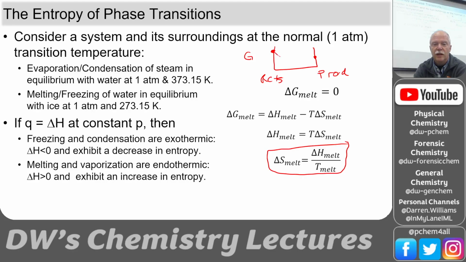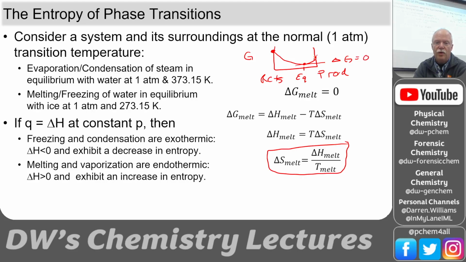But it really looks like this. It dips. And so right here, that's the minimum. This is the equilibrium point. Because that delta G dips, there's a point right there where it's 0. Delta G equals 0.